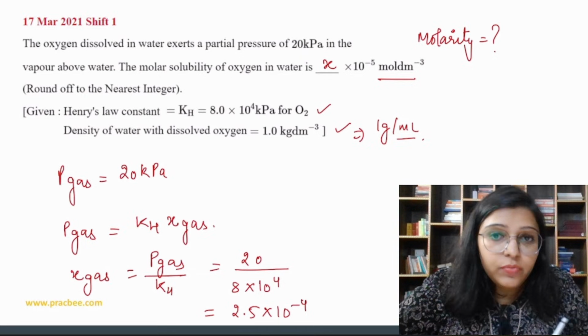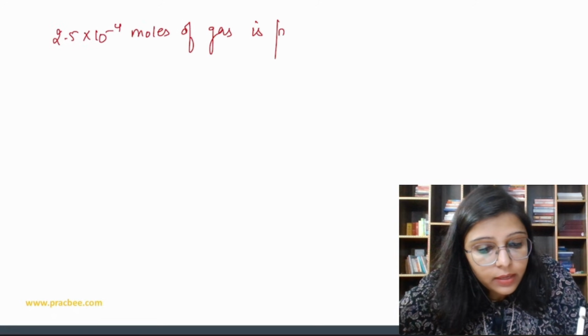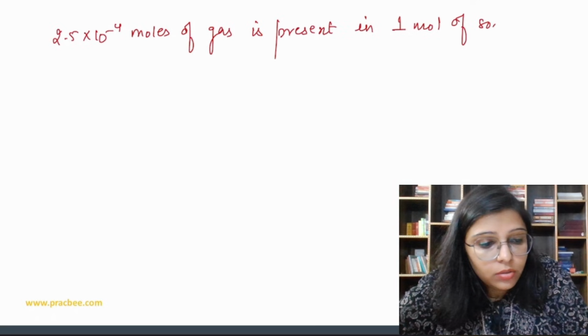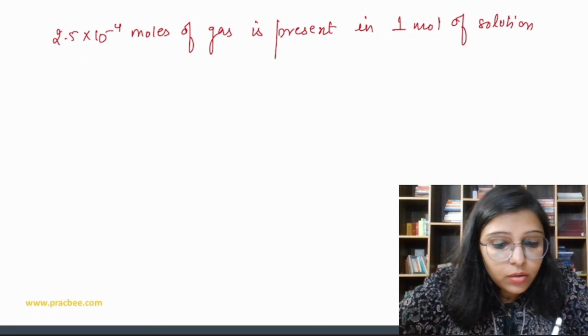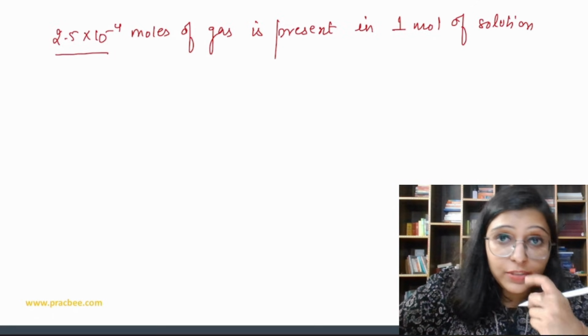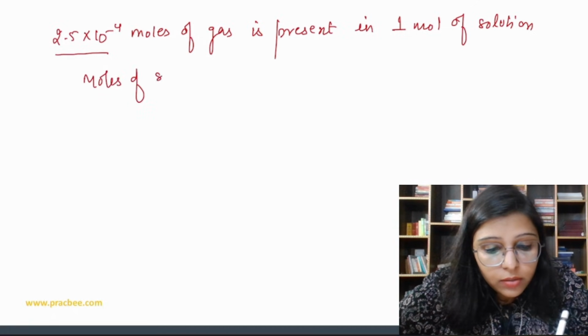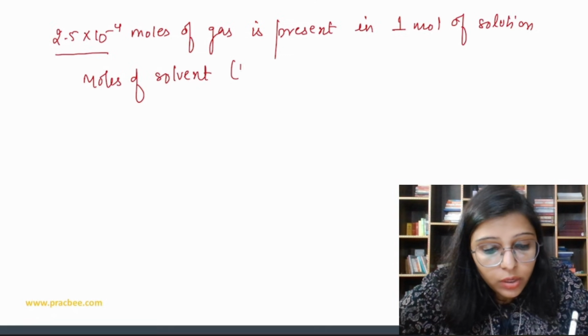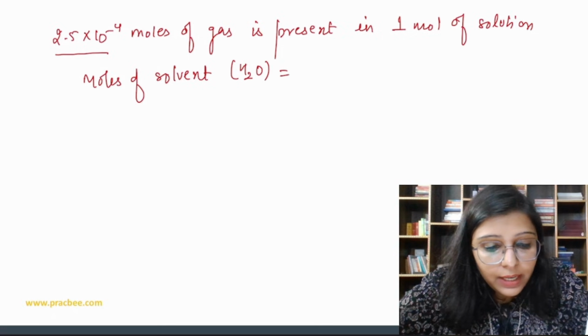So what information can we get from this? We can get that 2.5 into 10 to the power minus 4 moles of gas is present in 1 mole of solution. So moles of solvent, which is actually water, is 1 minus 2.5 into 10 to the power minus 4, right?